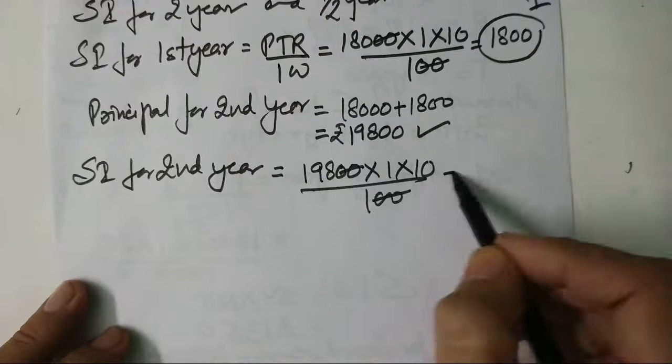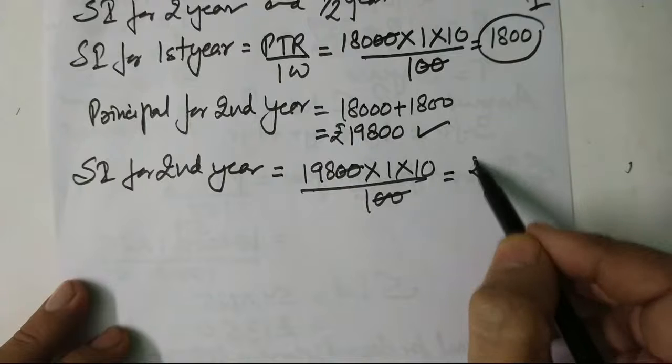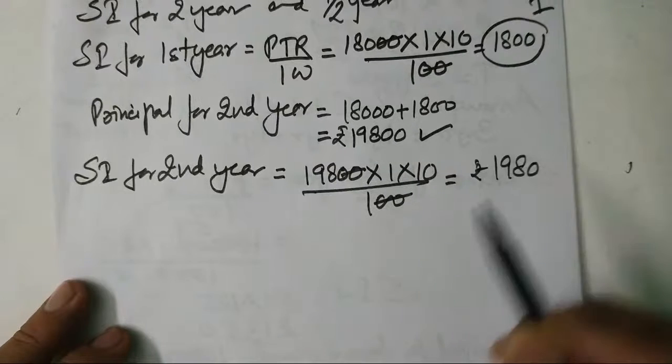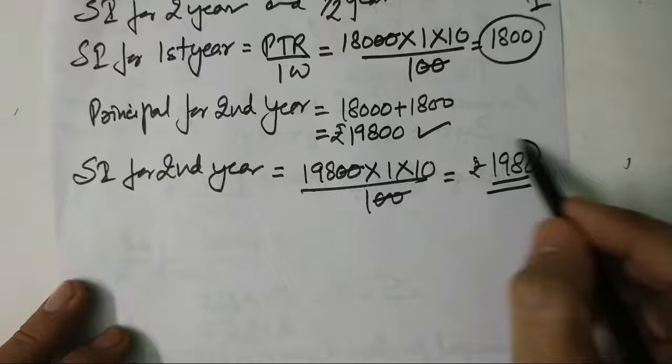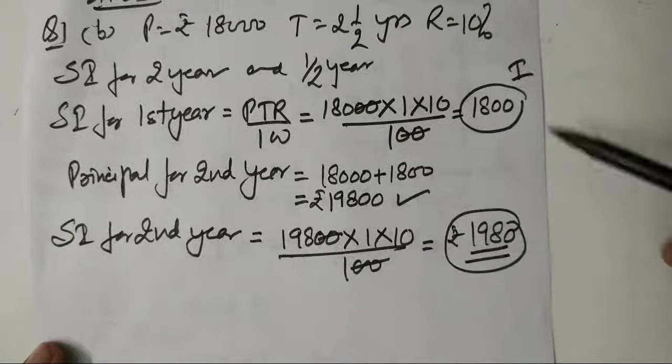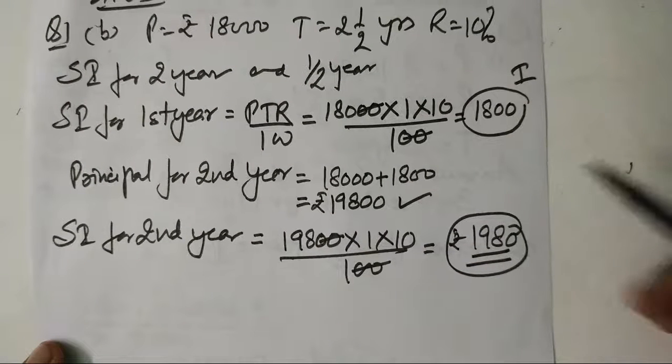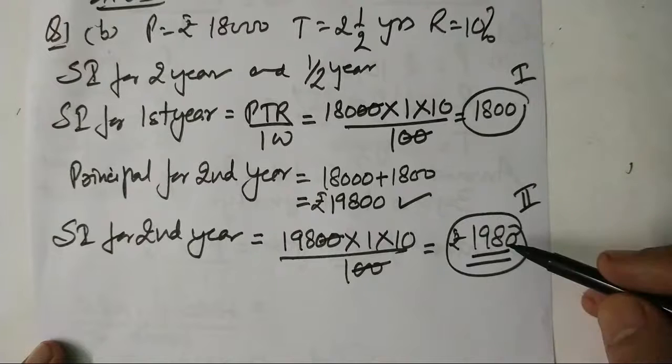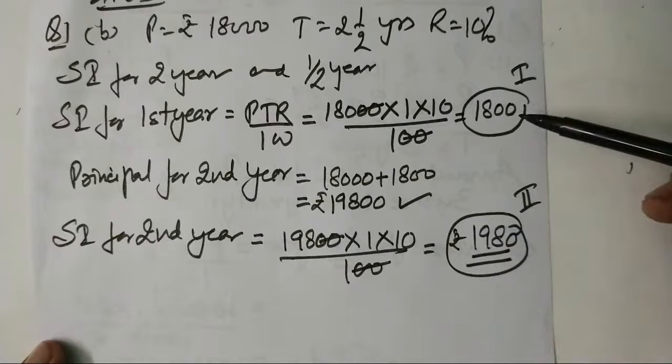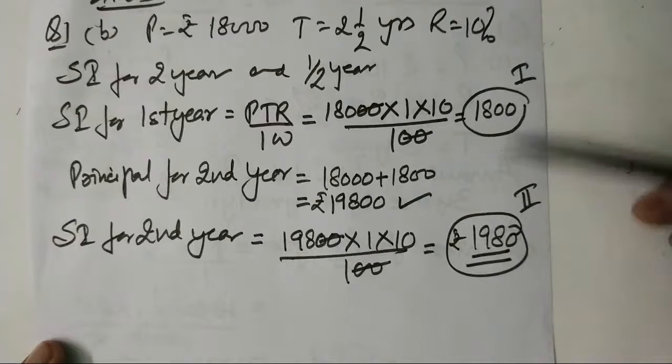We will solve, it comes to rupees 1980. So you are seeing that the interest for the first year was 1800 and in the second year the interest is 1980. Since we are calculating interest for two different years in two parts, it is also called the compound interest.